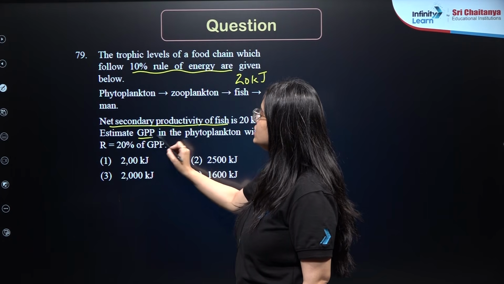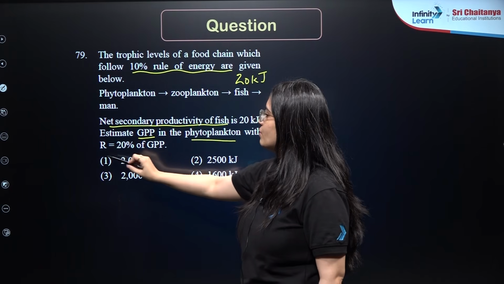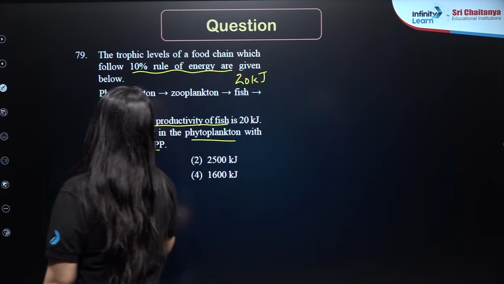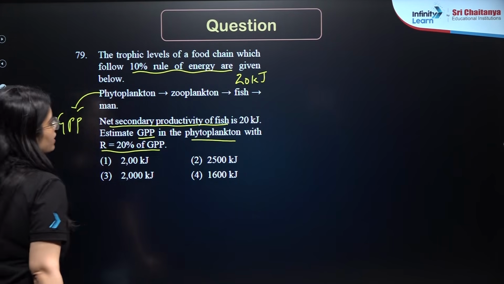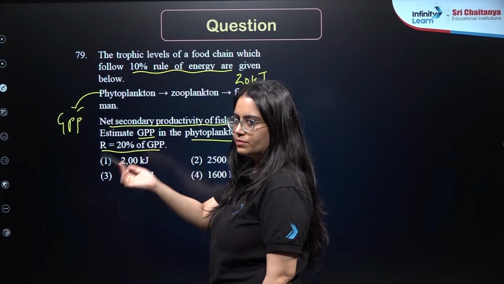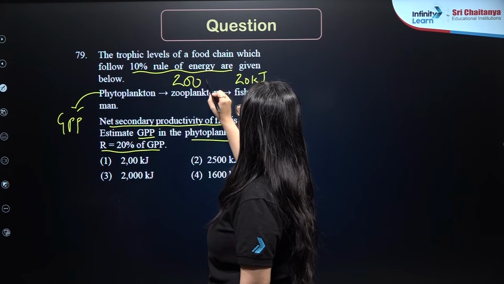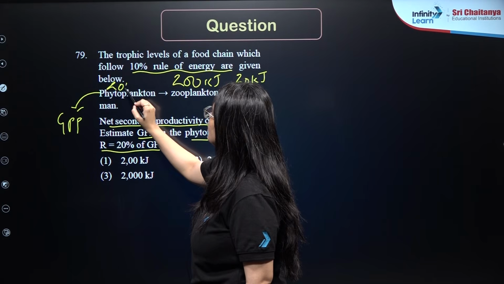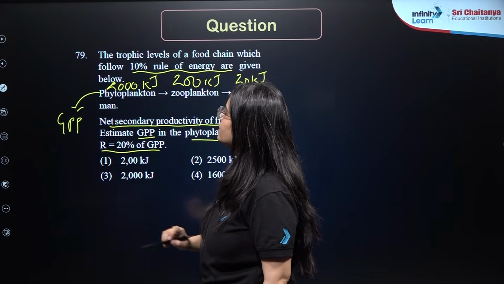Estimate the GPP, gross primary productivity, in the phytoplankton where R is 20% of GPP. Very simple question. Here you have to calculate the GPP at this level. Okay. Now 20 kilojoule is mentioned over here, and you know the 10% rule, 10% energy transfer. So here it was 200 kilojoule, and here it will be 2000 kilojoule. Simple.